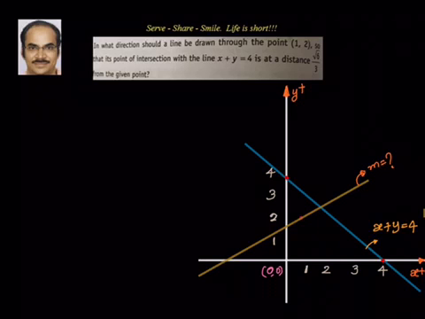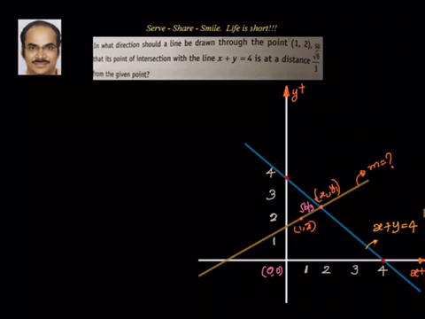We know this particular point is (1, 2). Let us say that the point of intersection between these two lines is (x1, y1). And we know the distance between them is equal to root 6 by 3.